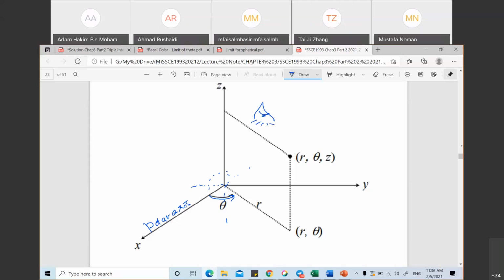Your r should come out from the origin. Same like before, r and theta come from the xy plane. And this is the tip for the coordinate: your z is the height, either positive or negative height.